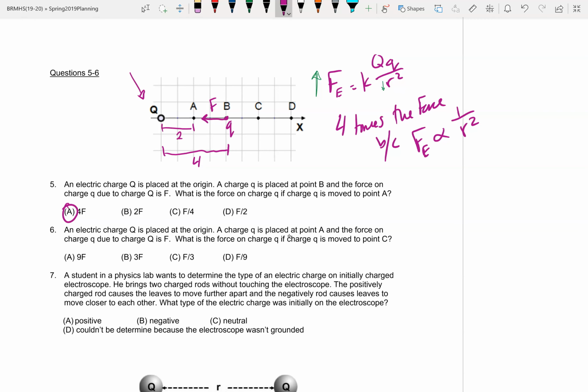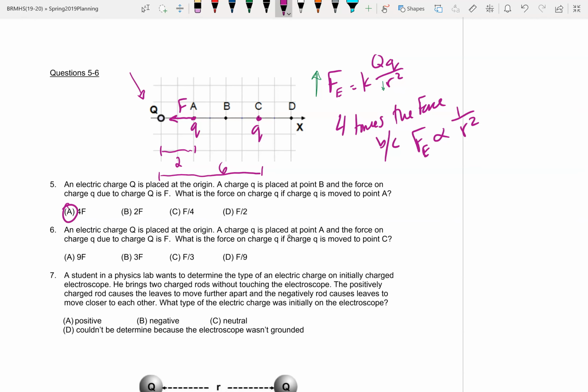An electric charge, capital Q, is placed at the origin, little q is placed at point A. So now little q is at point A, and experiences a force F. Let's say it's attractive. What's the force on charge little q if little q is moved to point C? Then we move it over here to point C. Well, initially it's a distance of 2 away, and then when we move it, it's a distance of 6 units away.